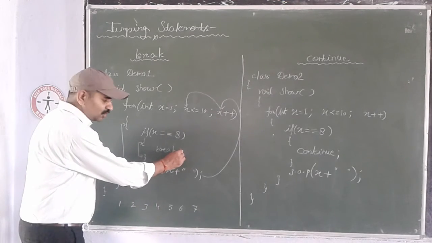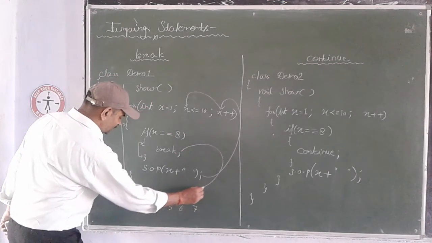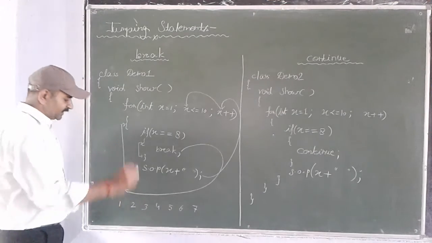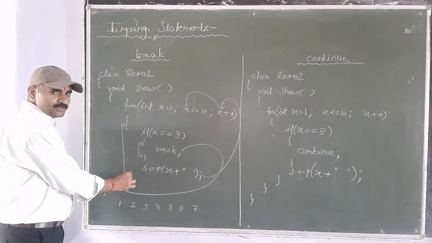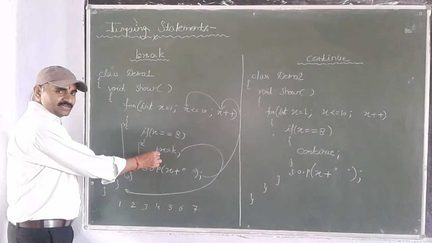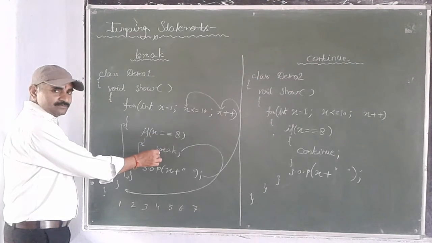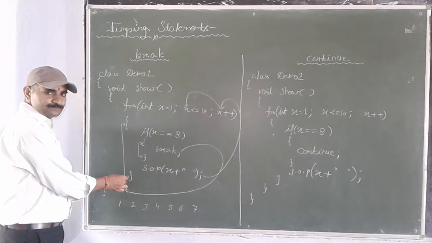it moves the control to outside the block of the current loop. This is the block of the loop. So as break encounters, when this condition is satisfied, control moves out of the current loop.